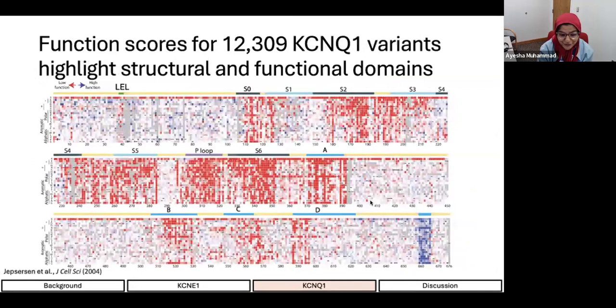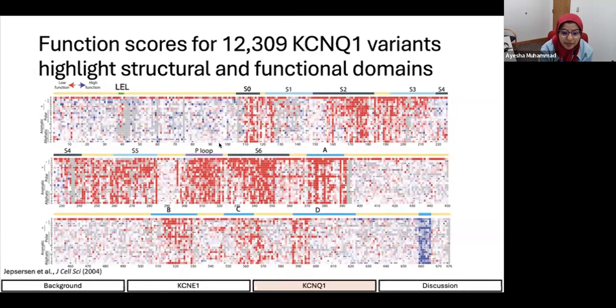This is a functional heat map of the KCNQ1 variants. Just to orient us again, on the x-axis is the position in the protein KCNQ1, and on the y-axis are the different mutations that are possible. In this yellow band, I'm again showing the secondary structure of the KCNQ1 protein.